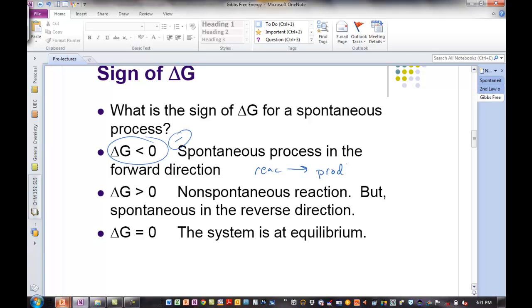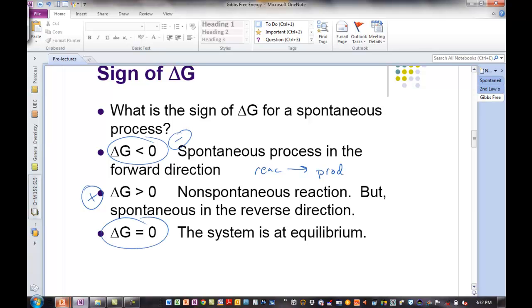If you have a positive sign of delta G, clearly then that would not be spontaneous in the forward direction, but if we were to reverse the reaction, it would be spontaneous in the reverse direction. So we can always, in our minds, say that if a reaction is not spontaneous in one direction, it would be spontaneous in the other direction.